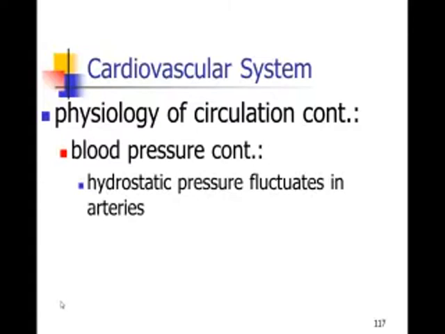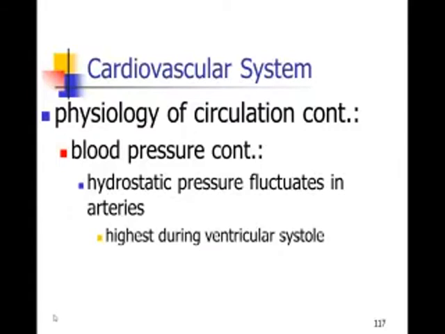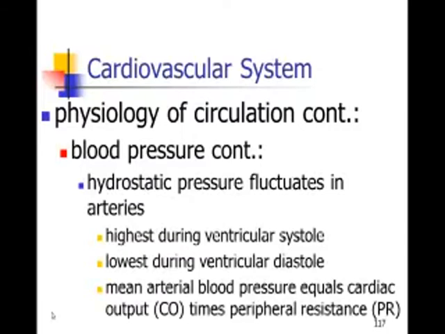Okay, so hydrostatic pressure fluctuates in the arteries, and this is in direct response to the cardiac cycle. So it's going to be highest when the ventricles are contracting, systole, and it's going to be lowest during the diastole of the ventricles, when the ventricles are relaxing and they are no longer creating a pressure gradient.